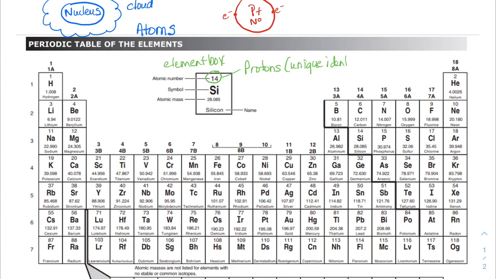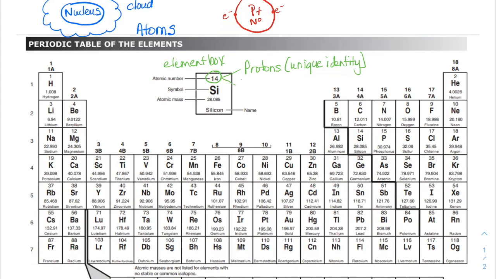Unique identity. Just like you have DNA that's specific and unique just to you, an element has a number of protons in its atoms that's specific to that element, okay? Now you guys have learned protons are positive. I want to just throw something else in there that you're going to learn eventually and it'll come in handy.